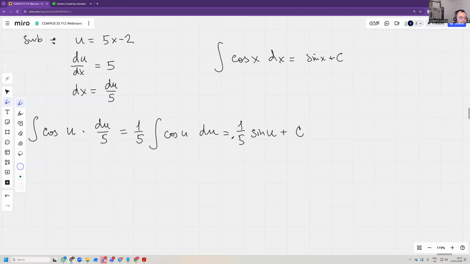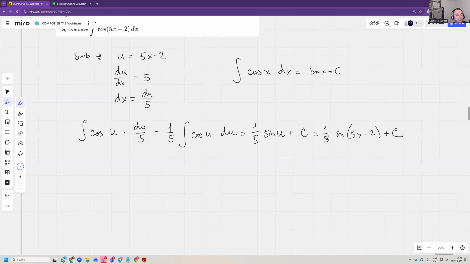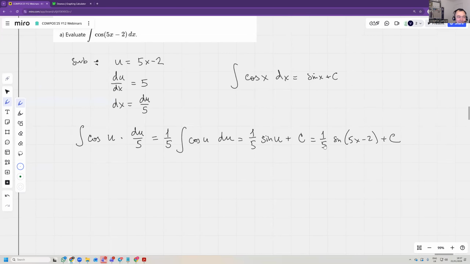And u is 5x minus 2, so it's 1/5 sine (5x minus 2) plus c. Very easy, very straightforward. Well, very easy compared to the stuff that we've done before.